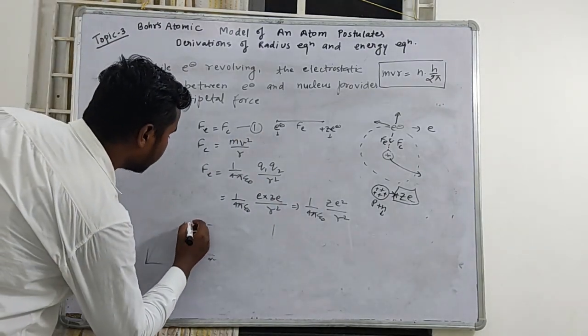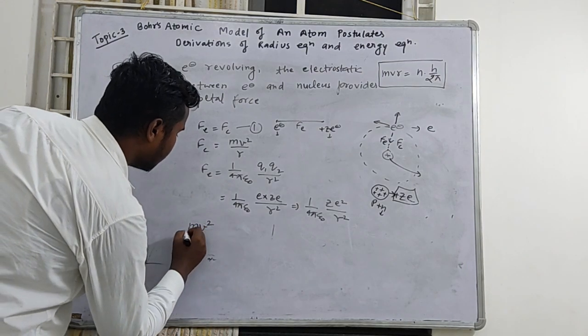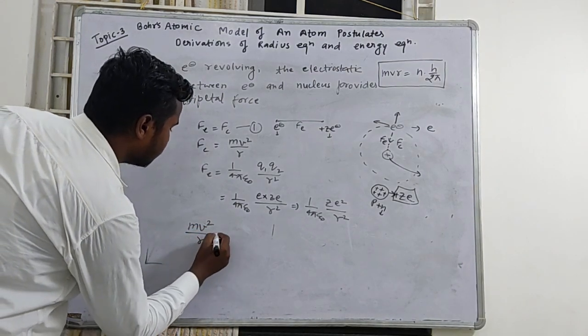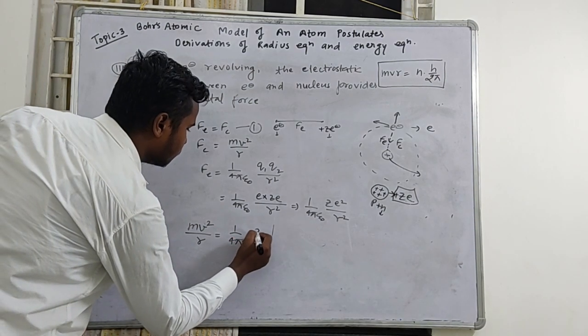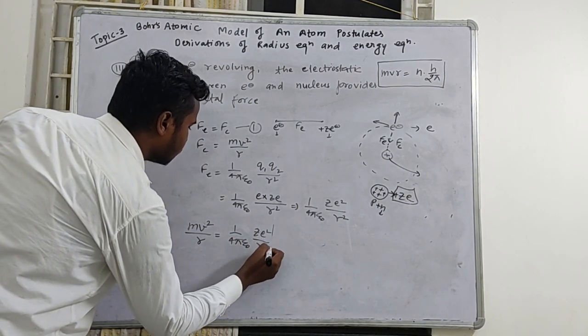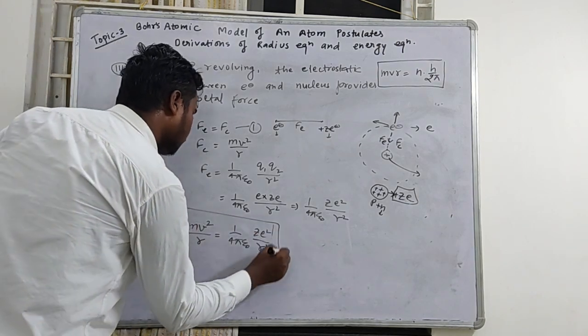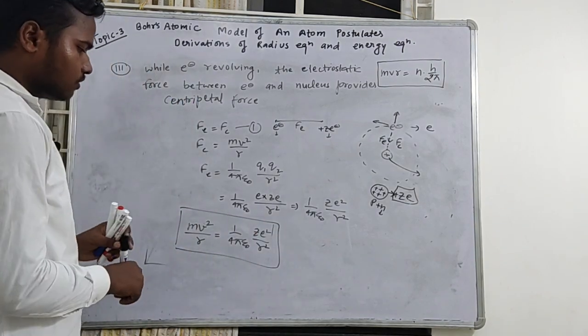So we find that mv square divided by r is equal to 1 upon 4 pi epsilon naught Ze square divided by r square. This is the third postulate of Bohr's atomic model.